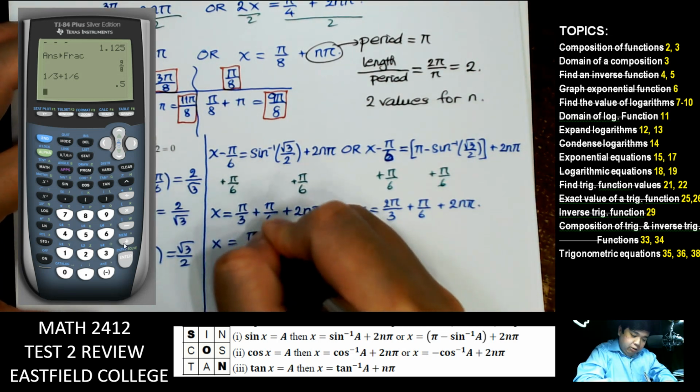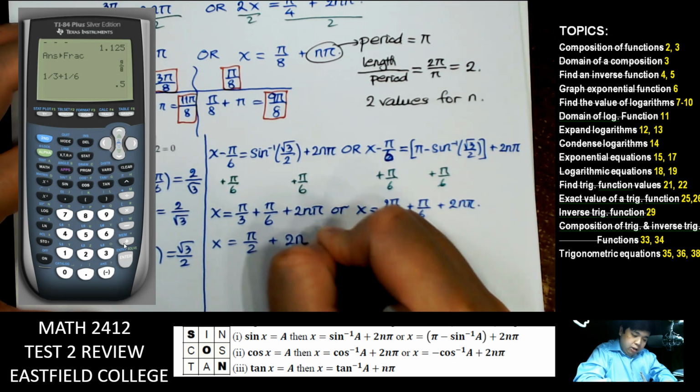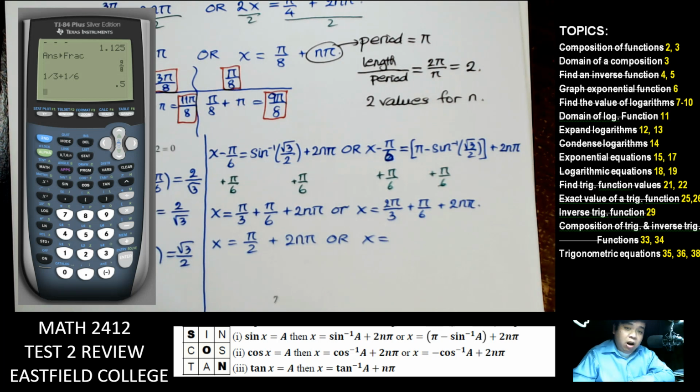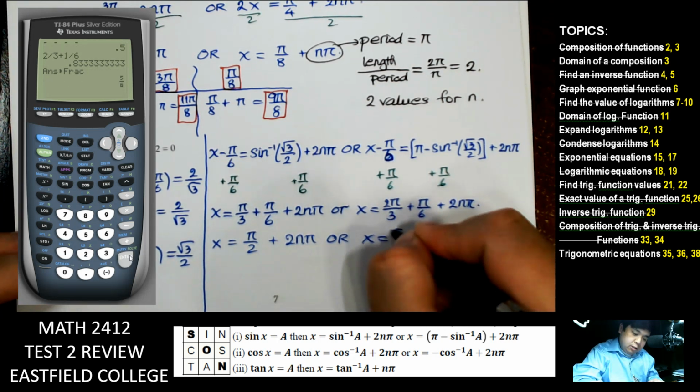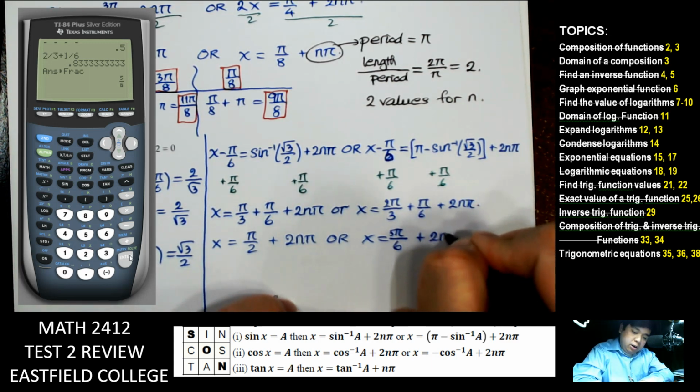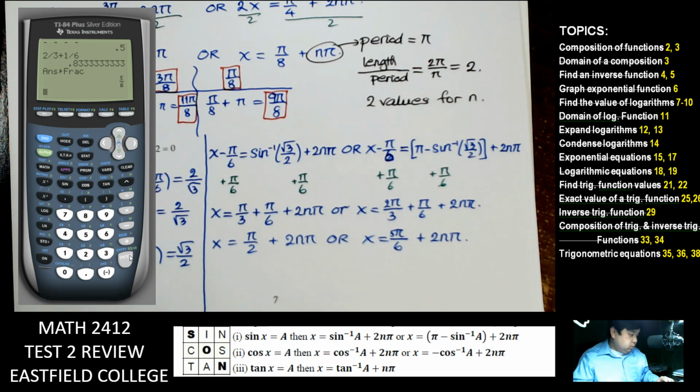So x equal to pi over 2 plus 2n pi, or 2 pi over 3 plus pi over 6, so 2 over 3 plus pi over 6. And that is 5 pi over 6 plus 2n pi.